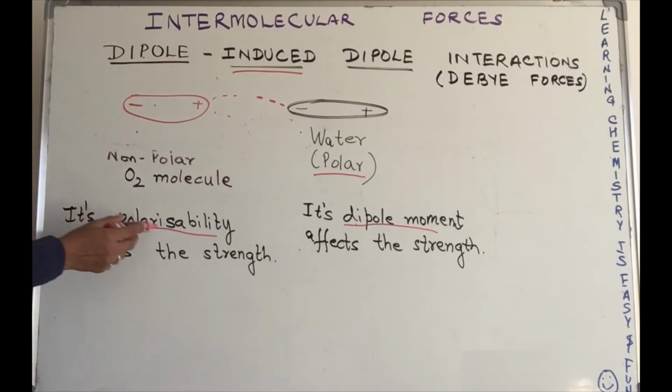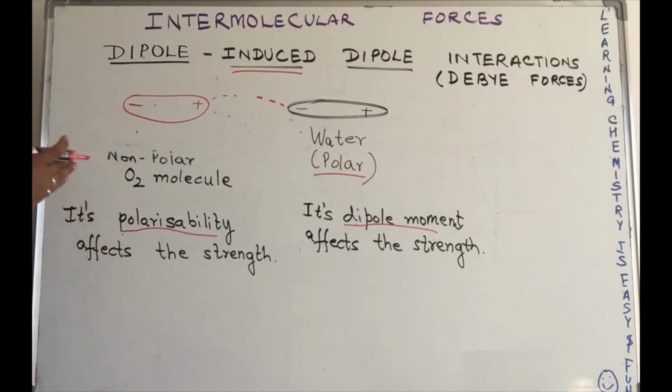So the polarizability, the ability of the non-polar molecule to get polarized, will also affect the strength of this dipole-induced dipole interaction. And this goes on to explain how gases like oxygen are able to dissolve in water. This is one of the examples that I have taken.